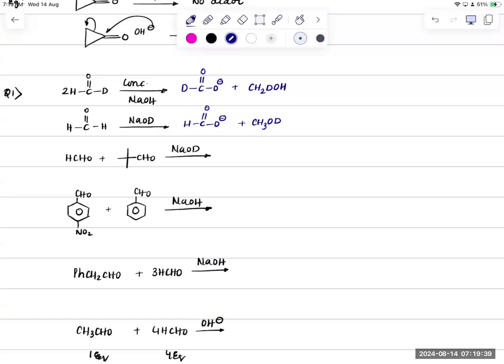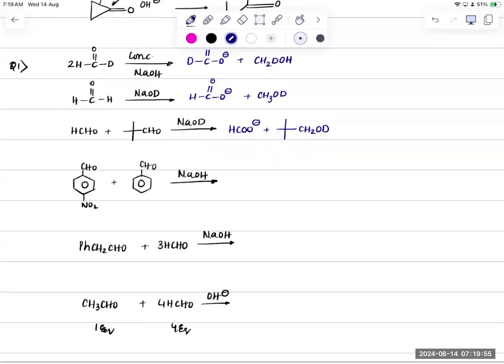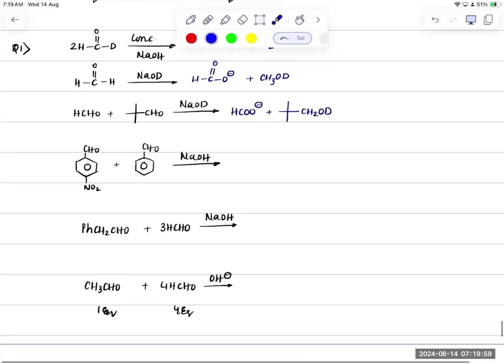Next one. Between these two, in cross Cannizzaro always the more reactive part will get oxidized. So I'll get HCOO minus, plus this will become CH2OD. Again, between these two, the more reactive is the NO2 one.